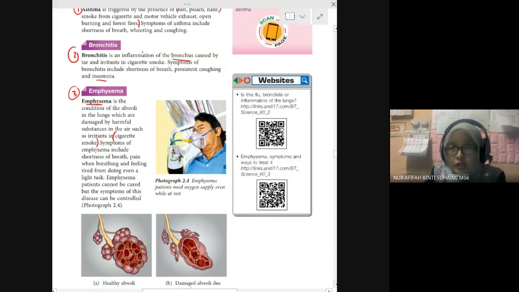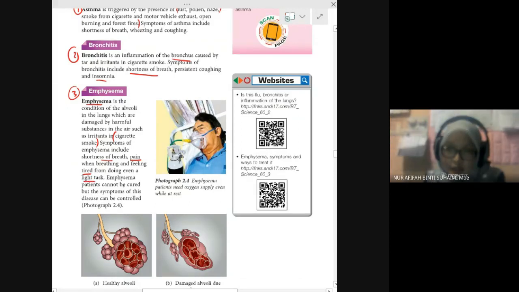So numbers 1, 2, and 3 will cause shortness of breath. Tak boleh bernafas. Pain, you feel pain when breathing and feeling tired even when doing a light task. Buat kerja sikit je pun dah rasa penat. That is emphysema disease: shortness of breath, pain when breathing, feeling tired.